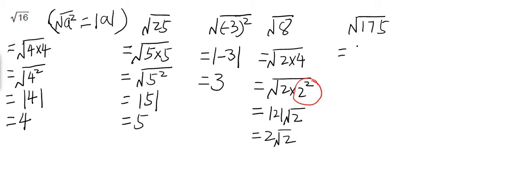The first step, we need to follow the factoring method. Okay, factoring method. So 175 here is 175. The easiest way for us to know is that one factor should be 5. Okay, 5, and 175 divided by 5 is what?